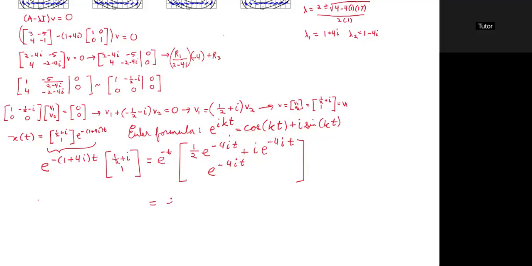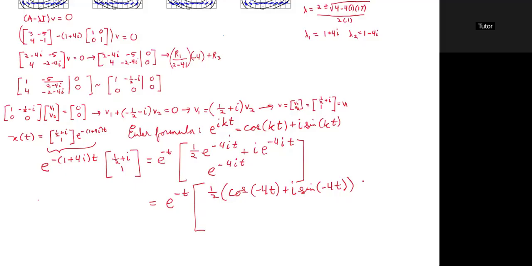So it'll be equal to e to the power of negative t, and inside the matrix we'll have 1/2 times, applying Euler's formula for e to the negative 4it, where k is equal to negative 4, cosine of negative 4t plus I sine of negative 4t.